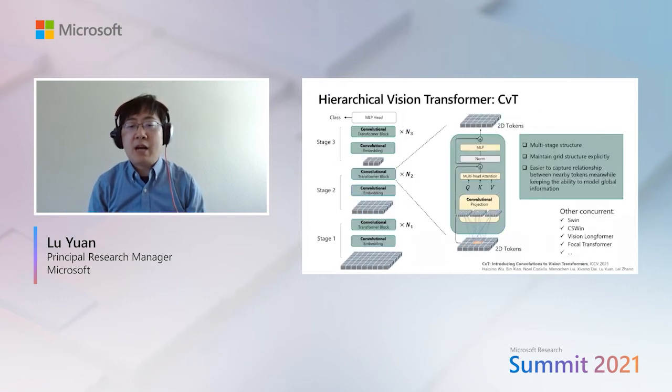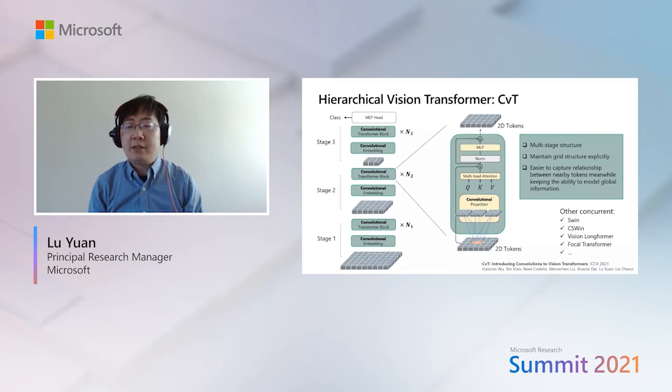We call the new architecture the hierarchical vision transformer. Here we use our recent convolutional vision transformer as an example. On one hand, it has a hierarchical structure like CNN and uses multi-stage. In each stage, it consists of multiple attention layers as in a transformer.